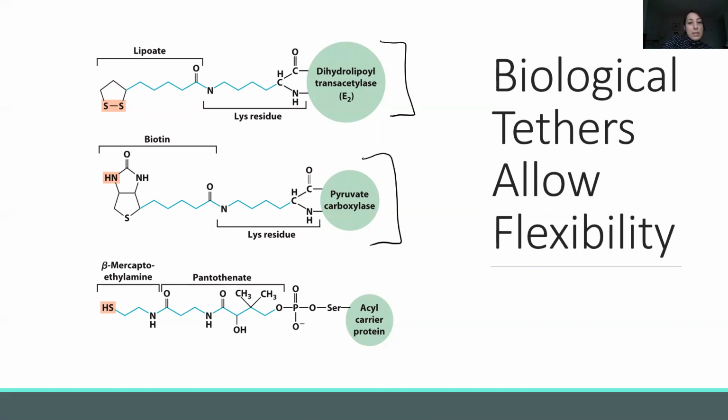Another one that you're going to be seeing is actually a derivative of coenzyme A. It has panthenate and mercaptoethylamine. And this tether, this is a separate tether we'll be seeing in the future, is part of the acyl carrier protein, which is involved in fatty acid synthesis.